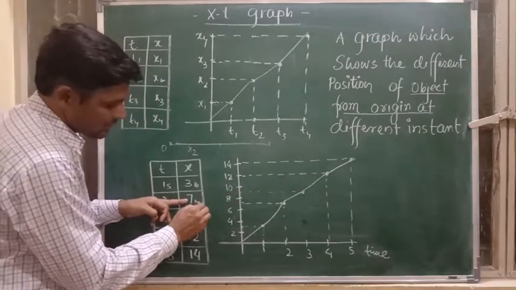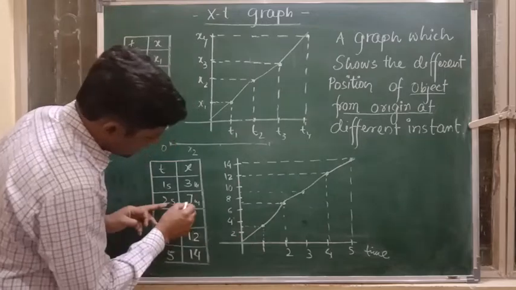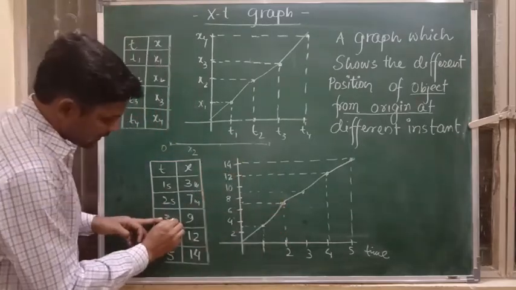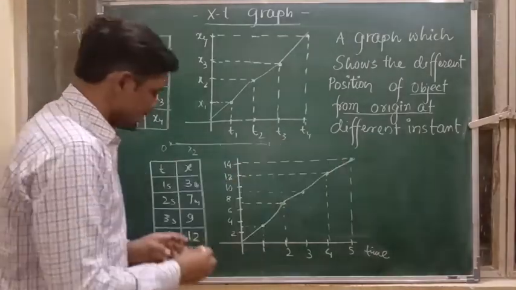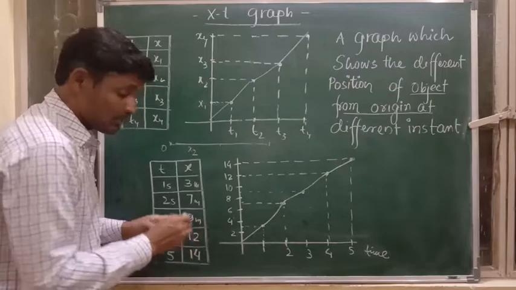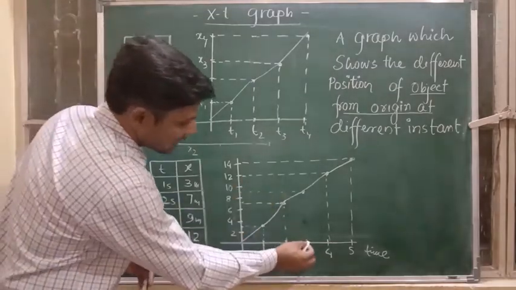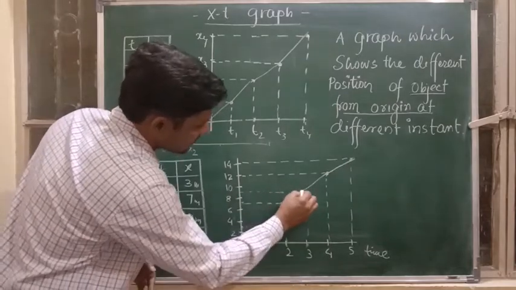So 7 meter is taken. So on the graph this point is this one, and at the end of the 3rd second the position from the origin is 9 meter. Always you measure the position from the origin. So at time 3 second the position is 9 meter.